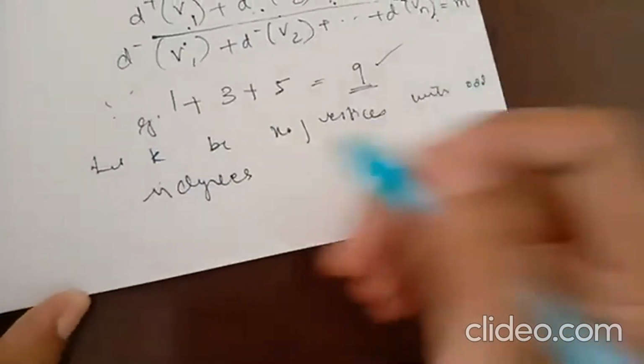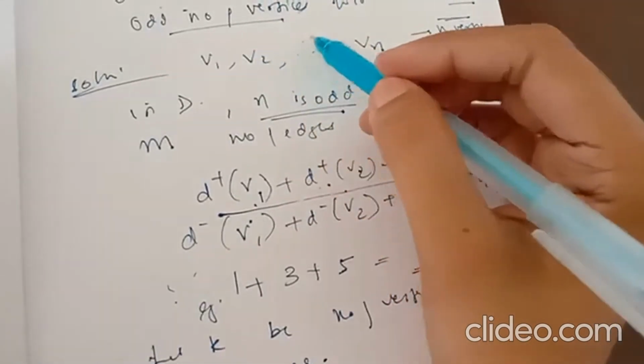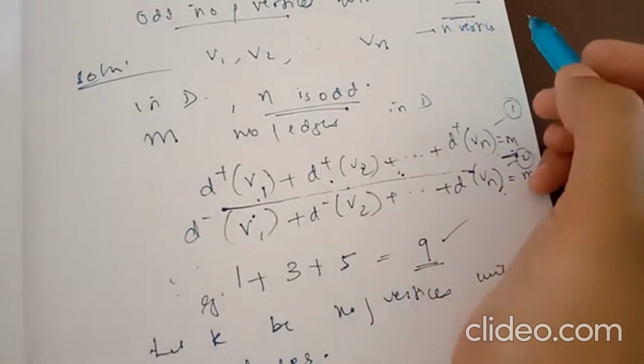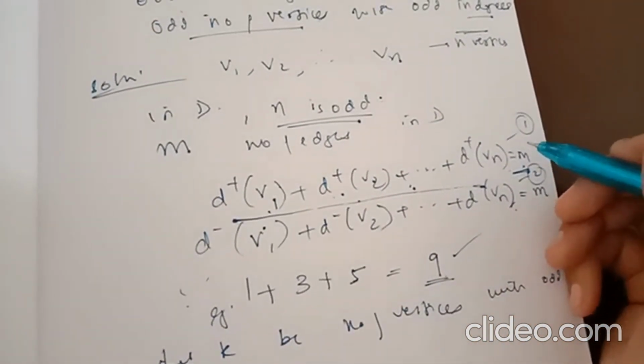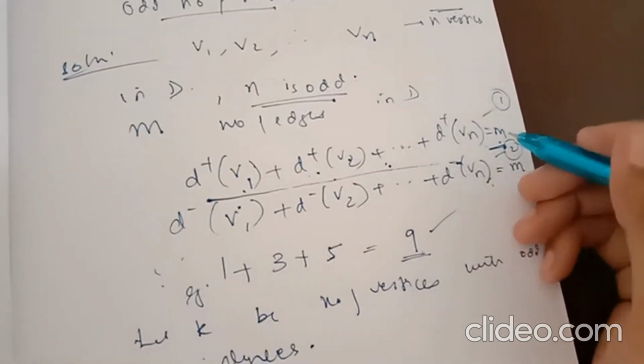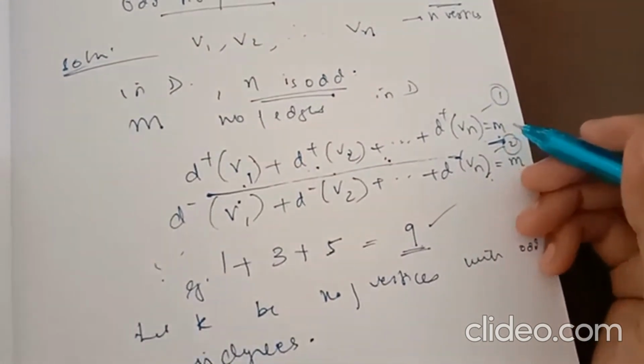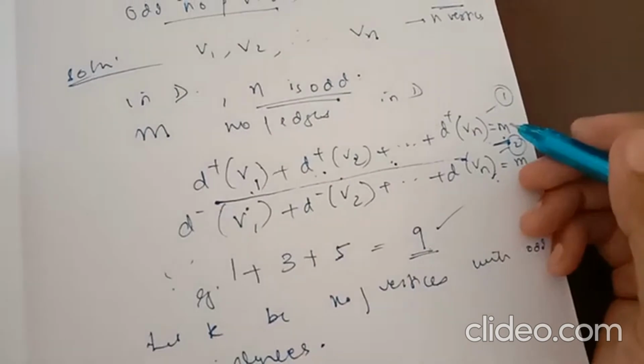Now, how can we prove that D has an odd number of vertices with odd in degrees? How can we prove this result? We already know that the sum of all the degrees is odd, right? There are an odd number of edges, right?